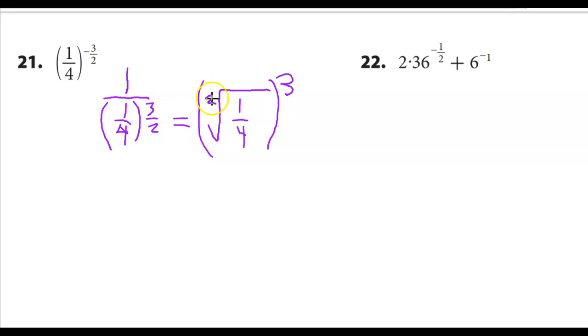The square root, this guy right here, my 1's going to stay the same, right? Because the square root of 1 stays the same. It's 1. So then what happens is, we're going to break this up again. It becomes 1 and the square root of 4.